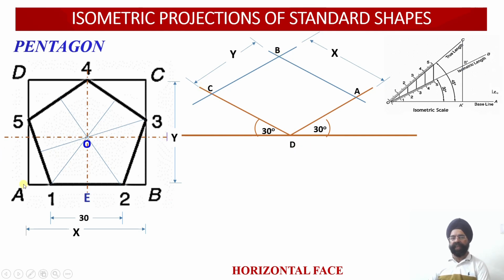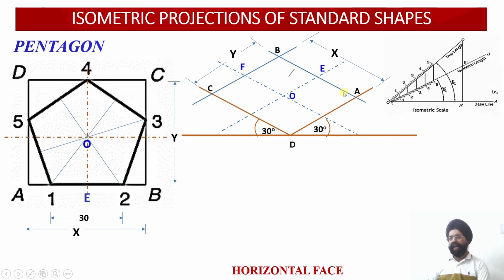Now I need to measure the rectilinear distances. So this is my point A. From A, in the true geometric construction, I will be measuring this distance A1. Whatever distance is measured in the true construction, once again the isometric projection length will be worked out. So from A, I will be marking the point 1 over here.